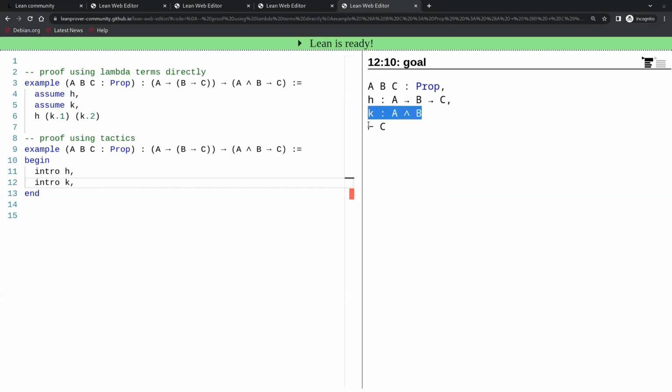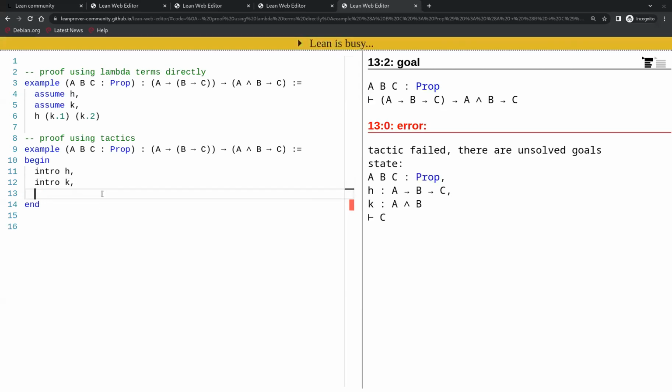So we get a hypothesis K that is a proof of A and B, and it remains to prove C. Now to prove C, we use H because H allows us to produce something in C, given some other inputs. So we are going to use or to apply H in order to construct a proof of C.